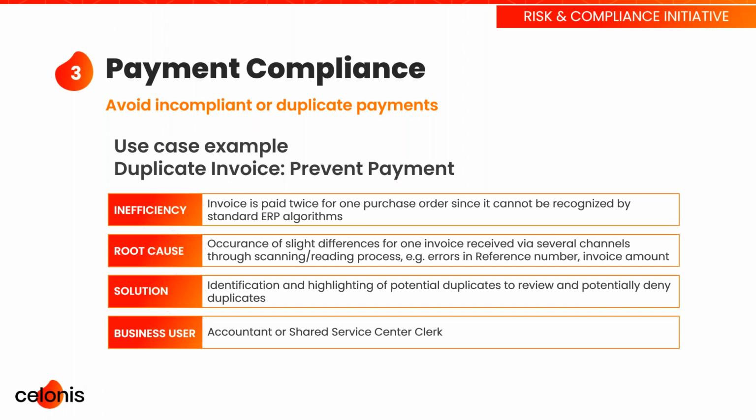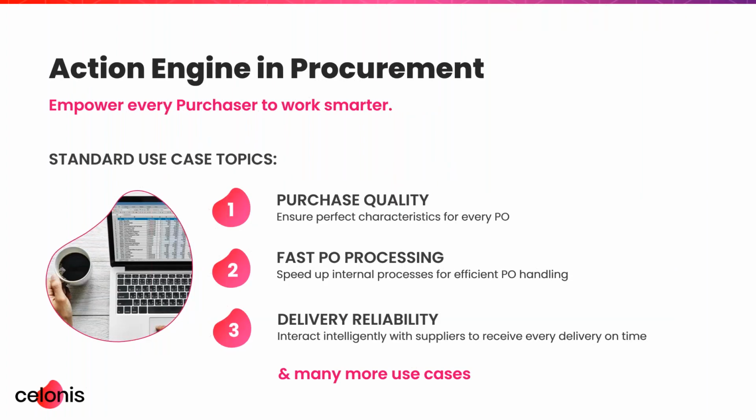Naturally, we also have the same thing in procurement, where some topics that are relevant for other customers are the topics around purchase quality, so how to create optimal or perfect POs, fast PO processing, again, efficiency, and delivery reliability.